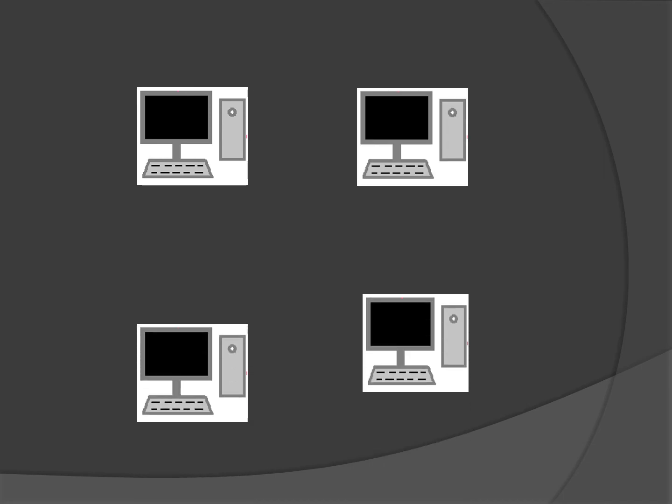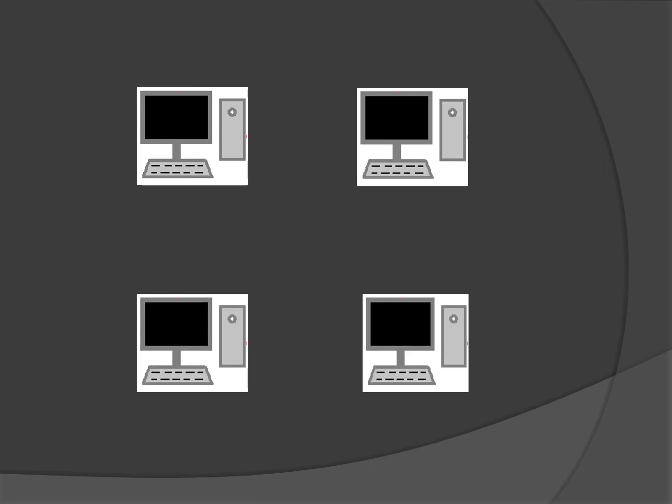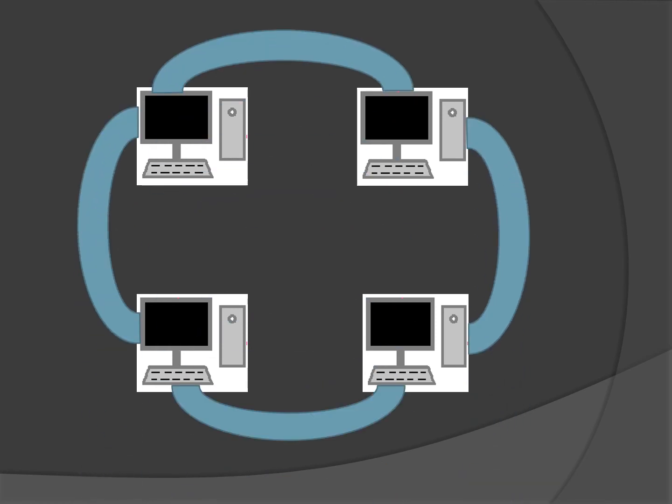It's about the ring architecture. So here I am having 4 computers, labeled as A, B, C, D. They are connected together in the form of a ring, and the data is transmitted in one way. Each and every computer has a transmitter and a receiver.